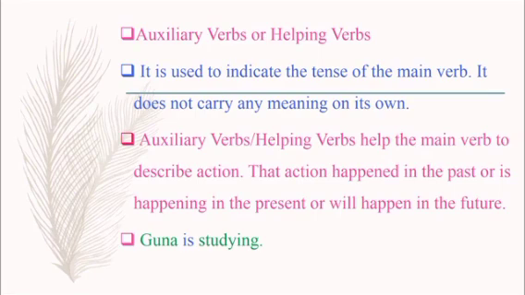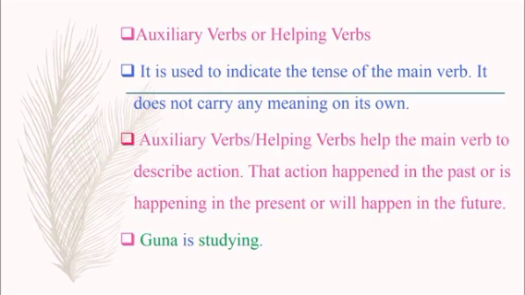Auxiliary verbs or helping verbs help the main verb to describe an action that happened in the past, is happening in the present, or will happen in the future. For example, Guna is studying. Here, is is an auxiliary verb.